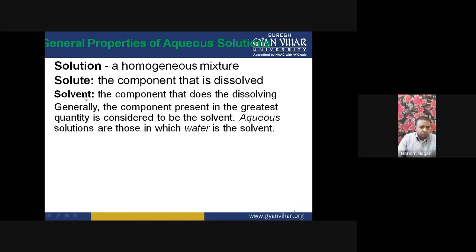Okay, so we actually dissolve the lesser quantity into the higher quantity, right? Generally the component present in the greatest quantity is considered to be the solvent, while the component present in the lesser quantity is called the solute.